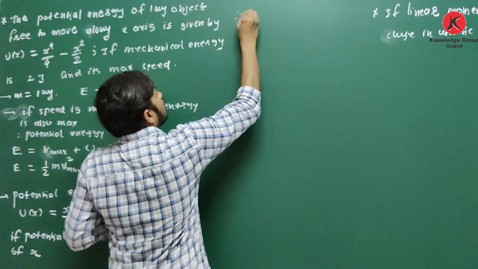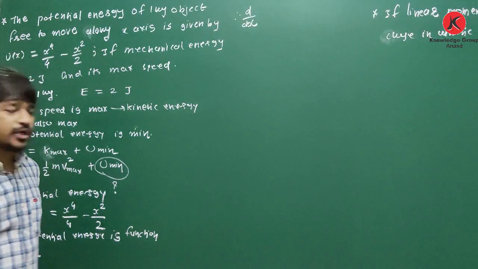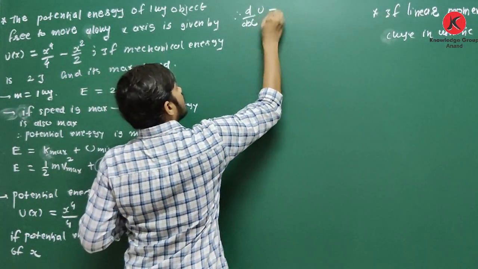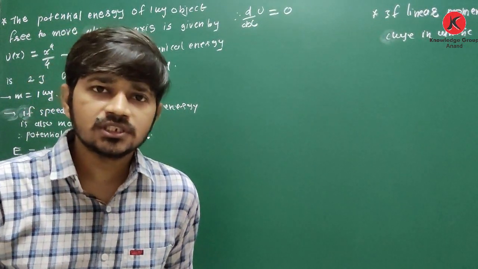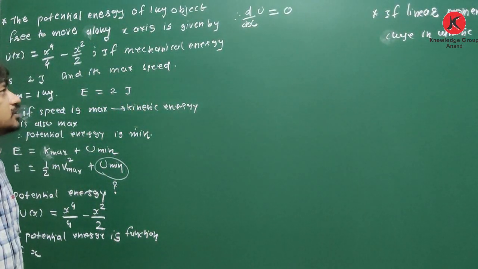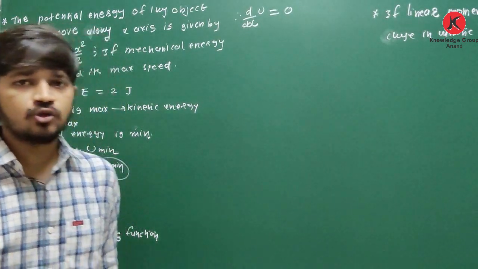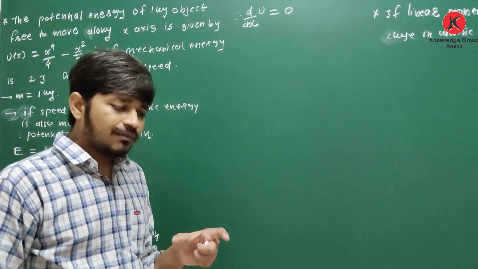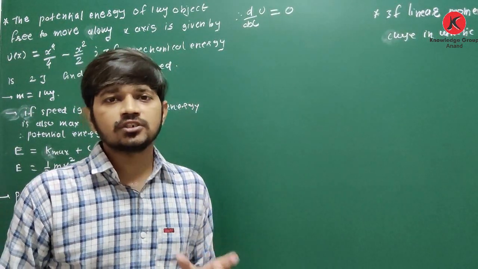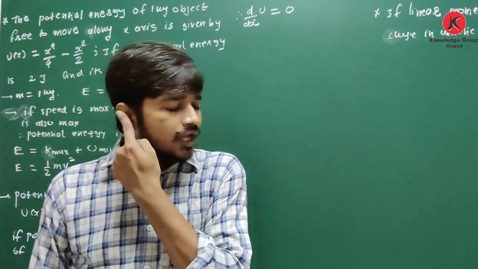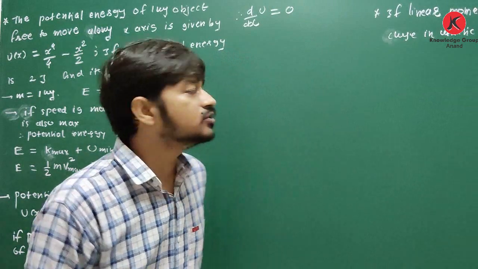So d upon dx of U becomes 0. Differentiation of potential energy with respect to x becomes 0. This is one mathematical concept that we have to remember. If one quantity depends on another quantity and is maximum or minimum, then differentiation with respect to that quantity becomes 0. U depends on x, so differentiation of U with respect to x will become 0.